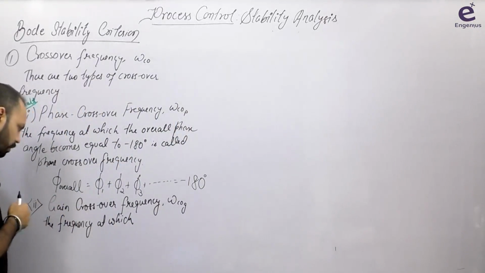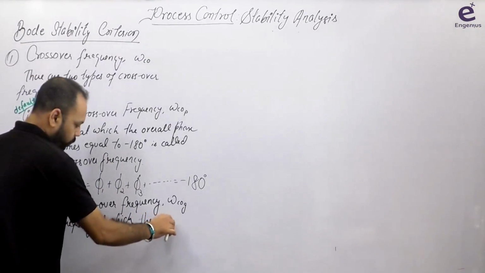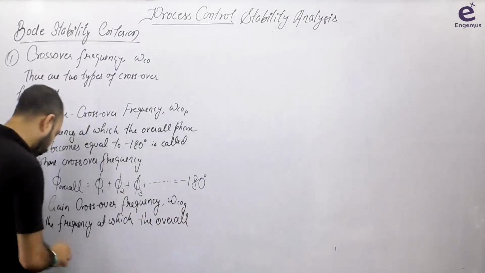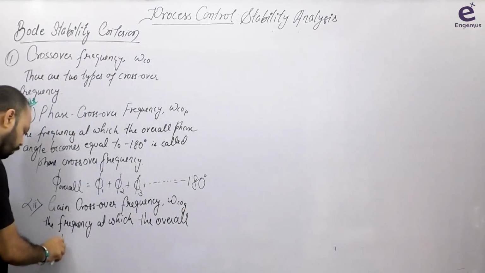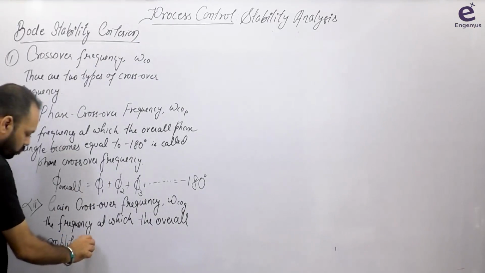And gain crossover means the frequency at which the overall amplitude ratio, AR overall, becomes equal to 1. You know what the amplitude ratio is and how to find the overall amplitude ratio?